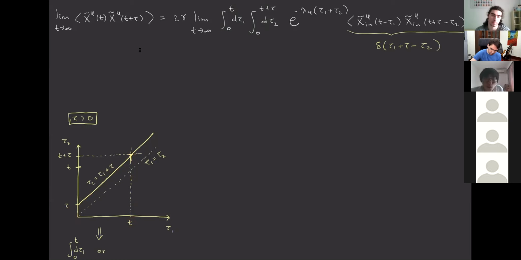Or you could do it in tau2 if you prefer. So now instead of setting tau2 equal tau1 plus tau, you could set tau1 equal tau2 minus tau, okay? And then do an integration in tau2. But then, if you look at the integration domain along this line, you see that the integration in tau2, which is this axis, goes from tau to t plus tau.